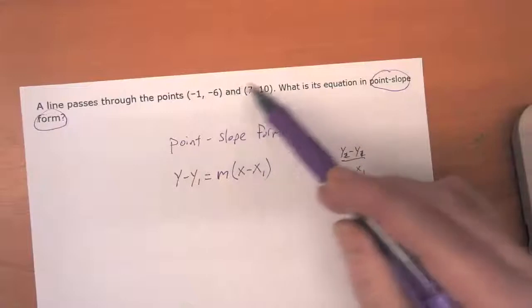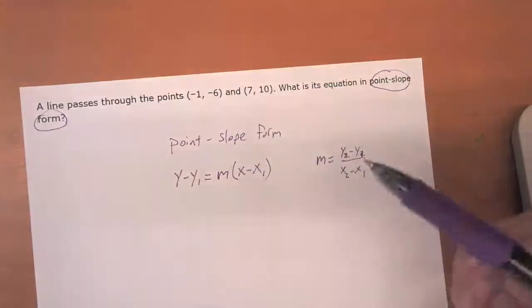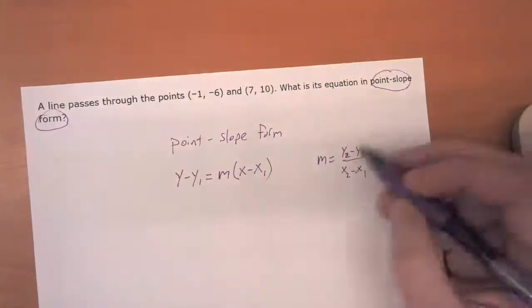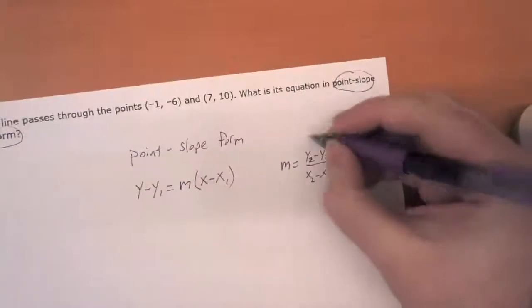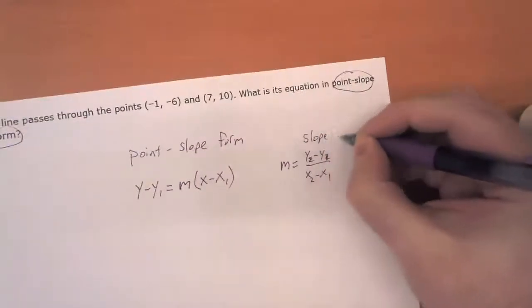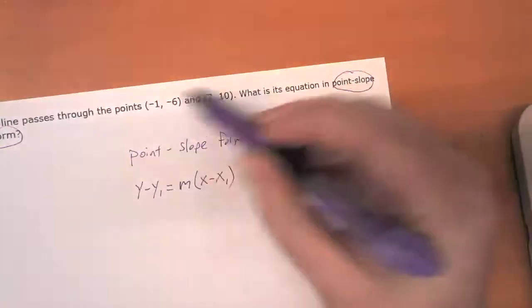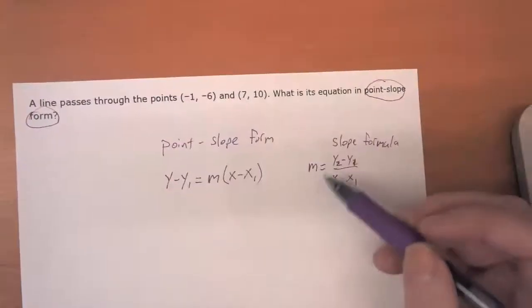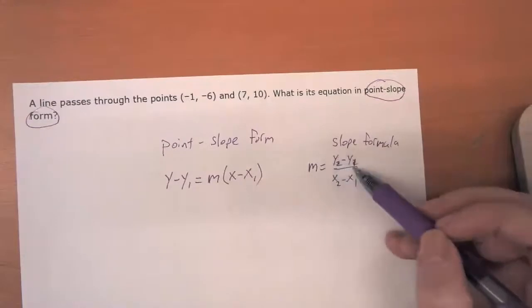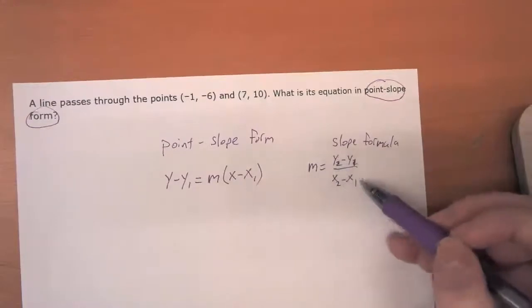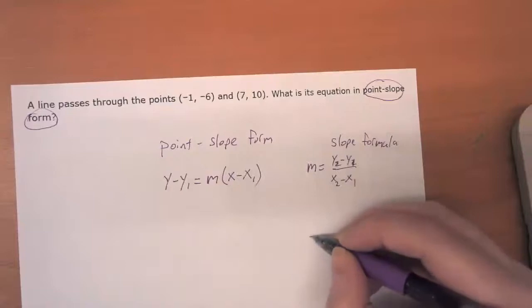Well, we've got 2 points, but we don't have the slope. So it's nice that we've got the slope formula over here because we're going to need to use it to calculate the slope of the line that connects these 2 points. So we're looking at the difference between our y values divided by the difference between the x values.